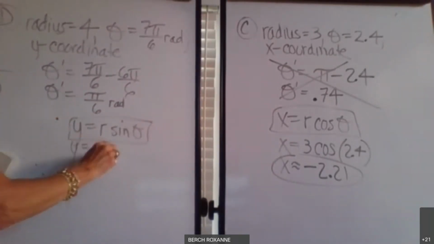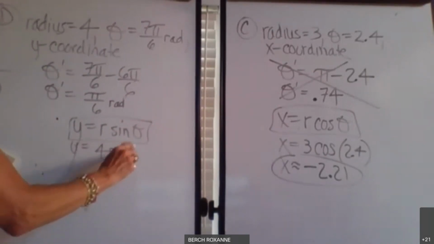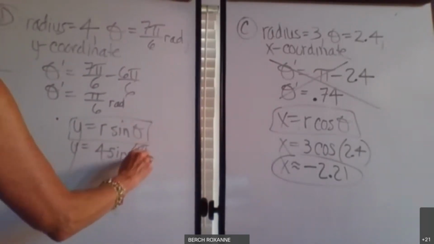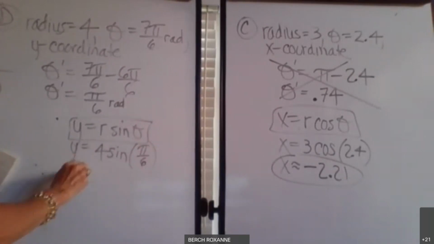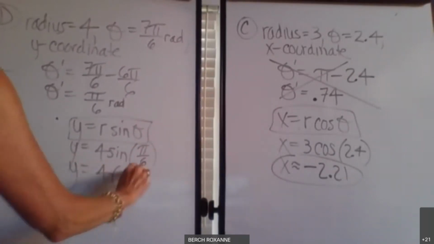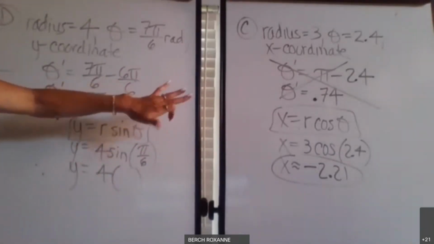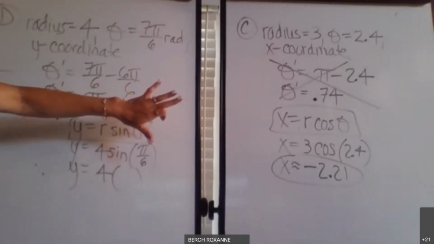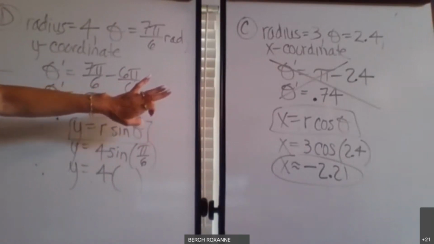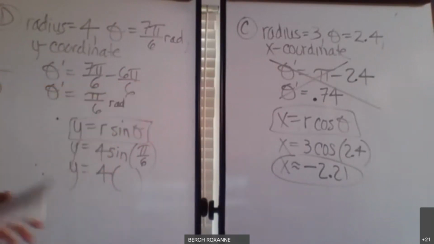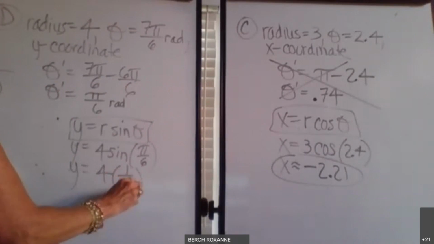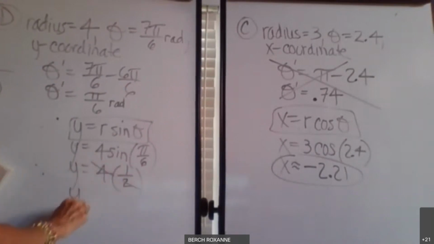So the radius in this problem is 4 times sine of pi over 6. Well, we can do this by hand, right? What's the sine of pi over 6? 1/2. So once again, we can cross cancel and get y equals 2.